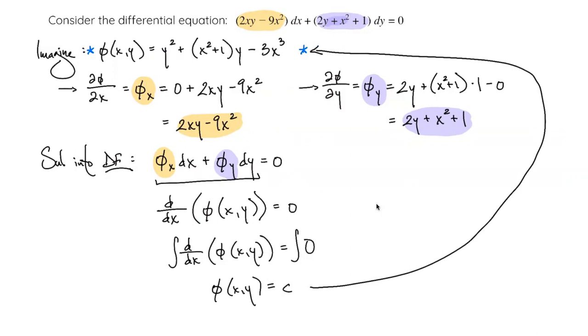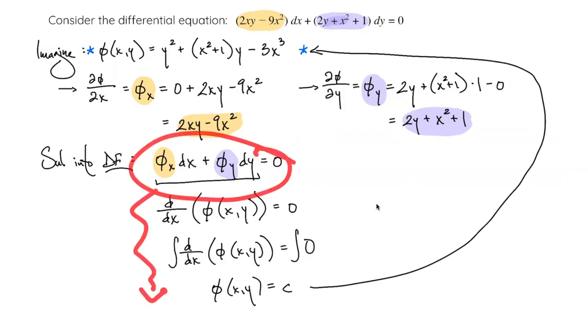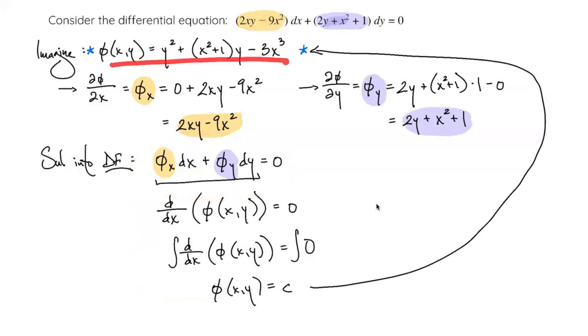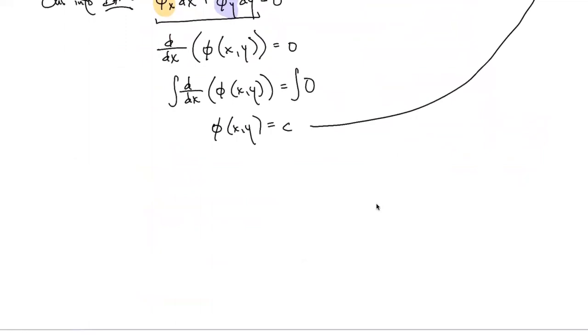And so what we're going to do when we solve these problems is we're going to start here, and we're going to find the phi, and that phi will end up being our solution, okay? So before we move to an example, let me write this out in general, okay?